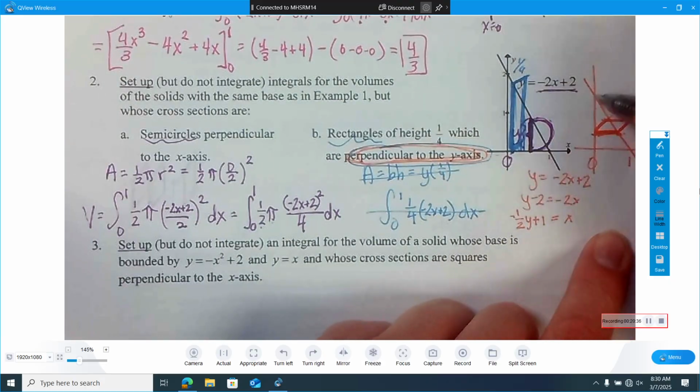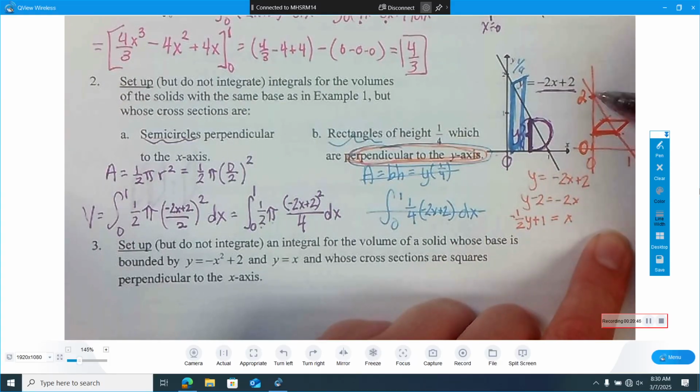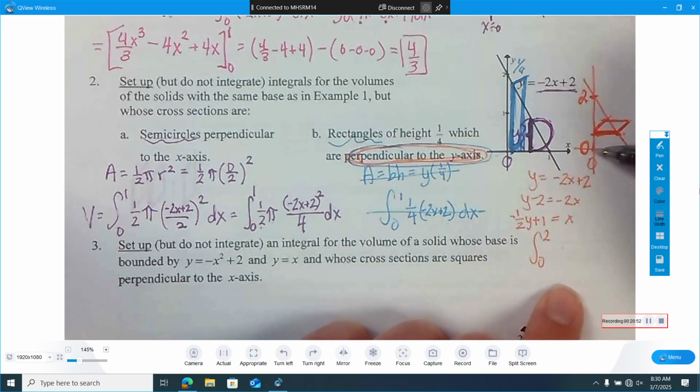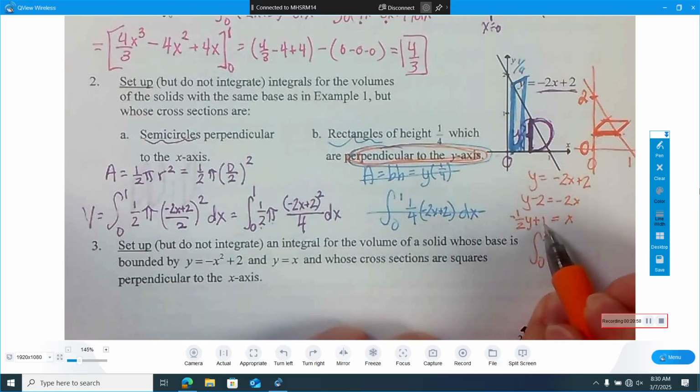All right, so now we're integrating from 0 on the y-axis up to 2 on the y-axis. So this is my integral from 0 to 2. And our base now has to be in terms of y.